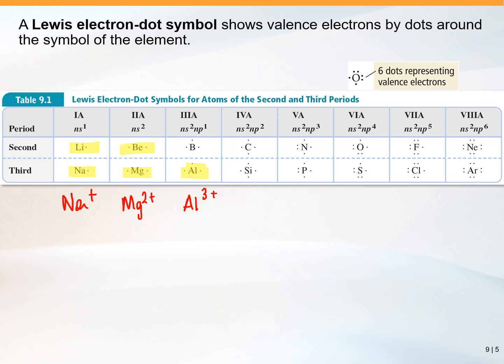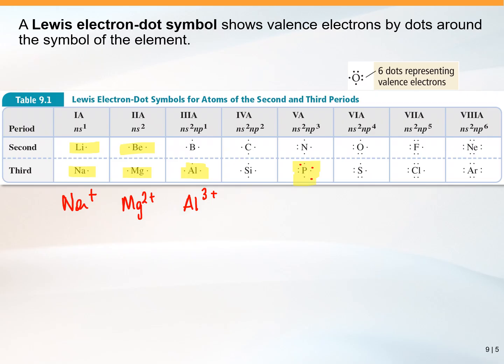When it comes to nonmetals, they will gain electrons to fill their shells. For example, phosphorus has 3 unpaired electrons, so it will gain 1, 2, 3 electrons to have a total of 8.